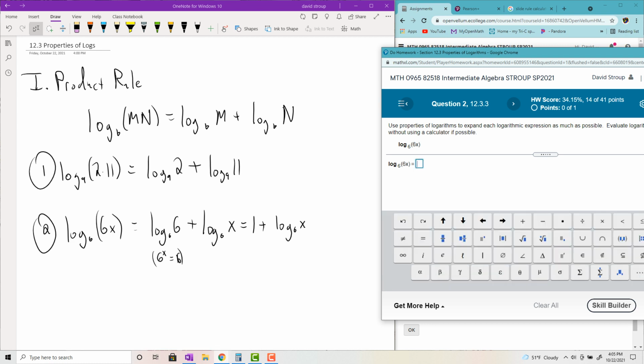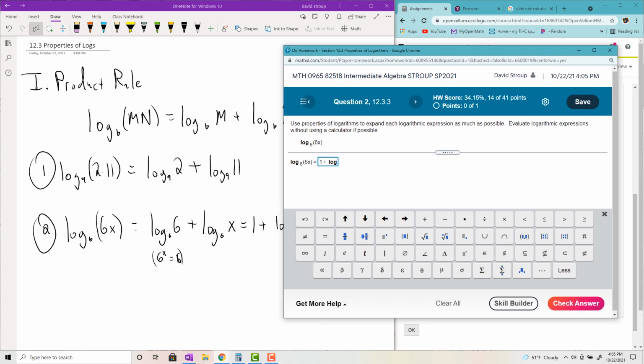For typing in logs, I don't know if I made that clear. You go 1 plus, and then you could just type log, but then instead of an exponent, you need to go down. So what I usually do is hit shift and then the minus key, and that brings you down. But there's also a little GUI button down here for subscripts. And next to all these buttons, it shows you how to actually type it in there.